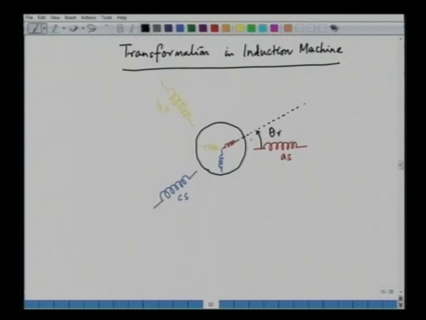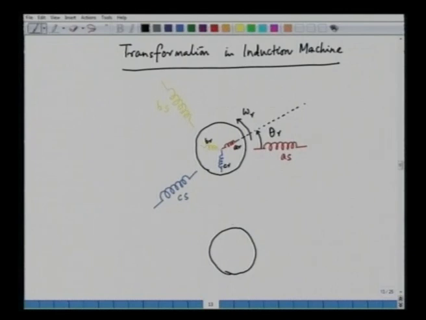The rotor is rotating at a speed of omega r in the anti-clockwise direction. So, this is basically our 3-phase machine that we are talking about. This is our AR, BR and CR. Now, what we would like to do, we would like to transform this machine into a DQ machine.